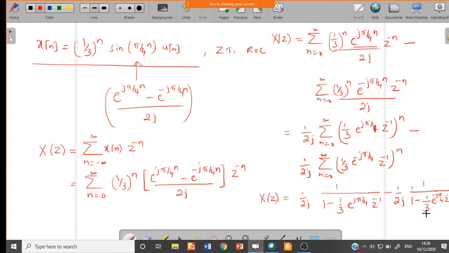So now we can simplify this equation also.